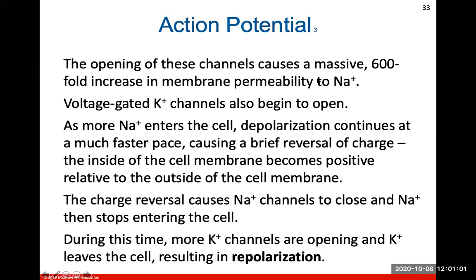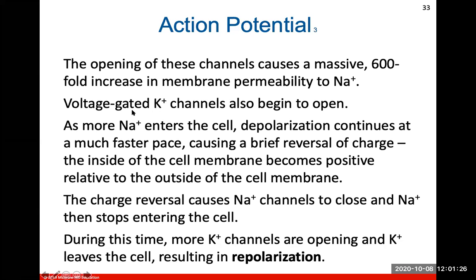The opening of these channels causes a massive 600-fold increase in membrane permeability. So once we reach a threshold voltage due to a strong enough stimulus, it will cause a positive feedback response, opening up all sodium channels. So sodium will rush into the cell, will reach an action potential, meaning the neuron has responded, it's fired to that stimulus, and voltage-gated potassium channels will begin to open.